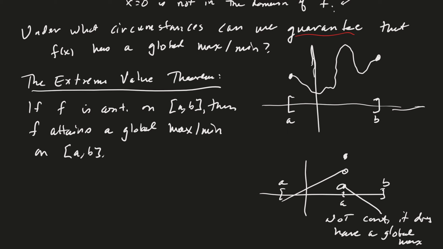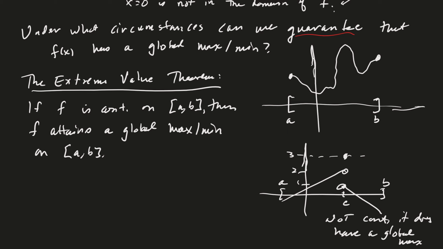Oops, that should be an open circle there, and that shouldn't be an a, that should be a c. Okay, good. This is the value here, my global max, so maybe I'll say this is 1, 2, 3. You can see that 3 is the global max of this function, but this function is not continuous.